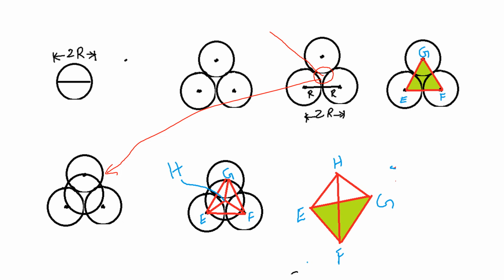The center of this atom, along with the other 3 centers, forms the tetrahedral void shown here, and H is the vertex. So you can see the tetrahedral void with EFG, the green base.